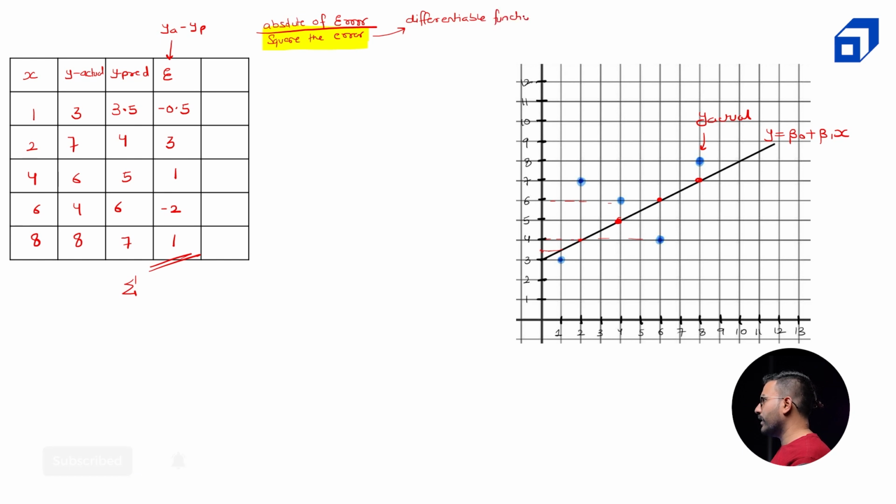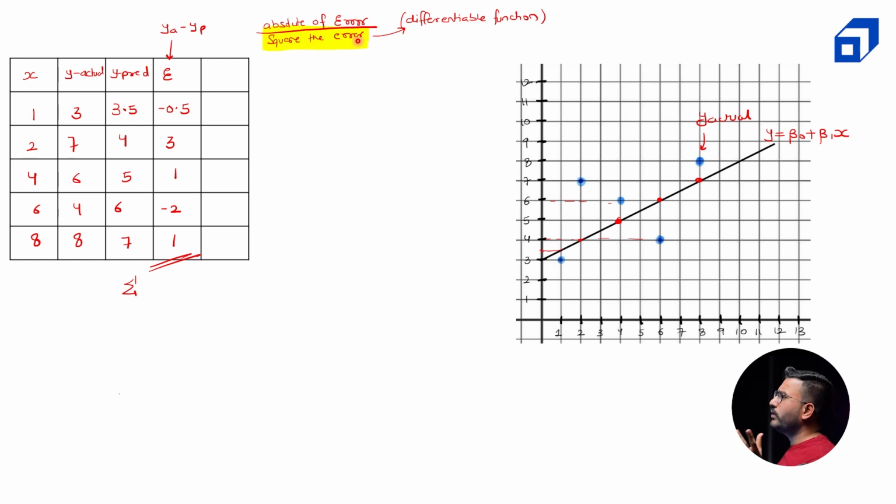Now this particular topic is beyond the scope of our discussion right now, but the point is that the reason we choose square as a method to make these errors from negative to positive is because the square function is differentiable in nature, while the absolute function is non-differentiable at a particular point, which is x is equal to 0. So the discussion around why square, why not absolute, is beyond the scope of our discussion, and let's not discuss it more.